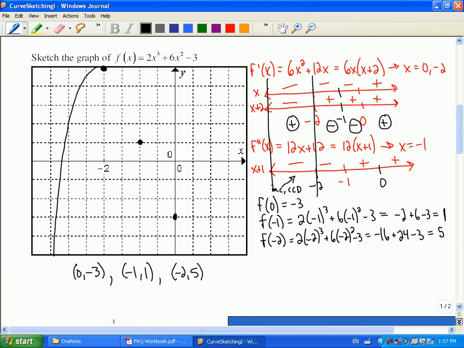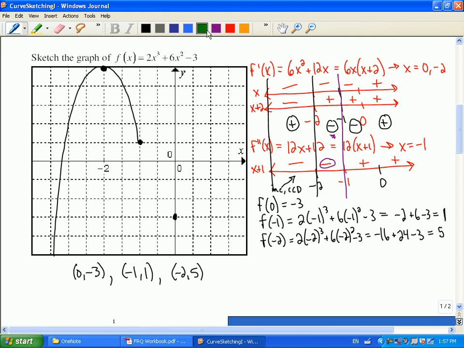Then once it hits that point, what happens in the next interval? So the next one is this spot here. Can you describe it for me in 2 parts? Decreasing, concave down. Yeah, decreasing because it's negative here, and concave down because it's negative there. So it's going to be this part of the graph. Decreasing, concave down.